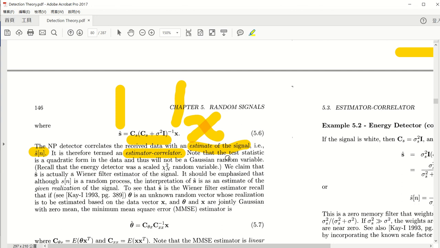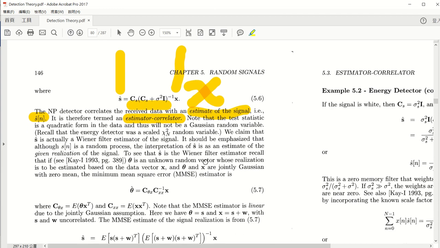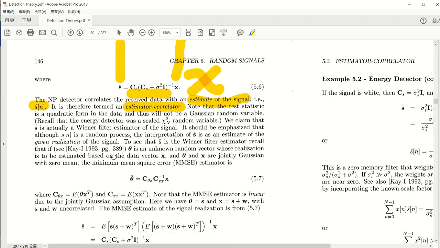Note that the test statistic is a quadratic form in the data and that will not be a Gaussian random variable. We claim that S hat is actually a Wiener filter estimate of the signal. It should be emphasized that although S is a random process, the interpretation of S hat is an estimate of the given realization of the signal.